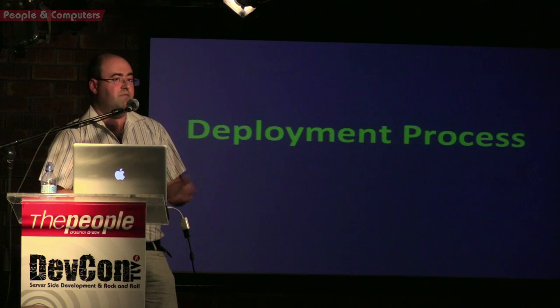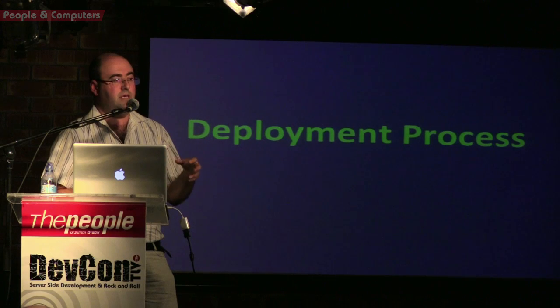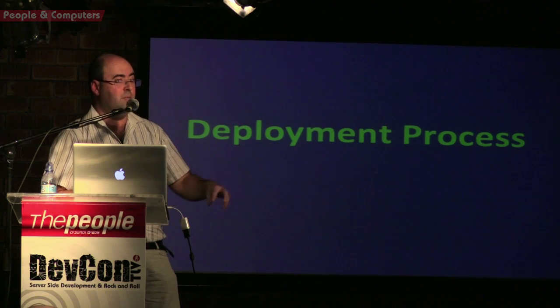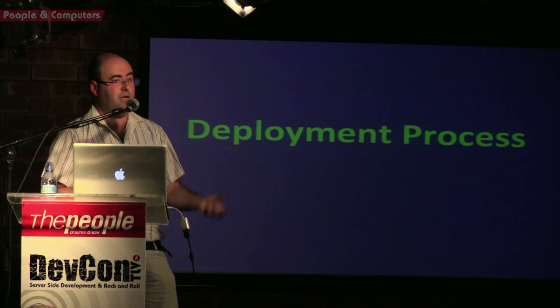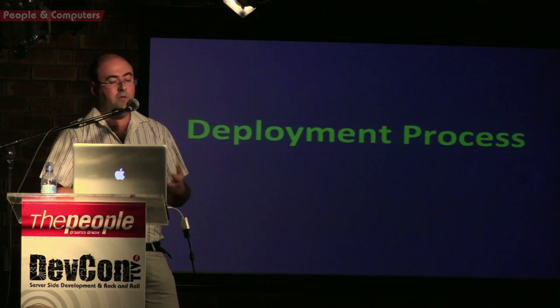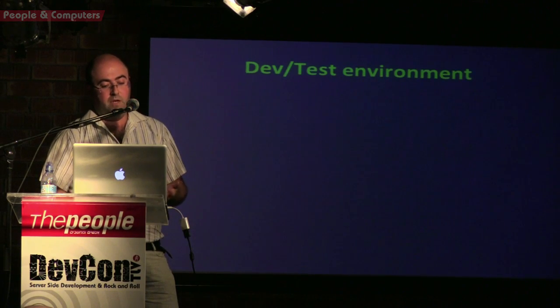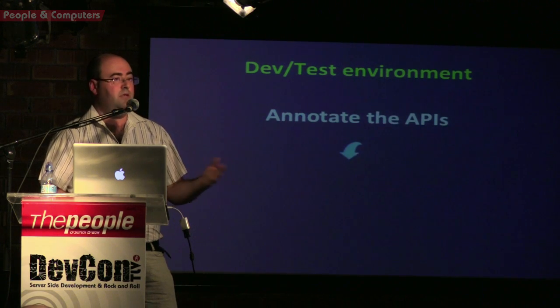There could be various solutions. You can customize the UI that comes with Swagger and just remove these areas in the production environment. Swagger also comes with some authentication implementation. But I'm going to suggest another approach. In the development and test environment, just do what we just saw.